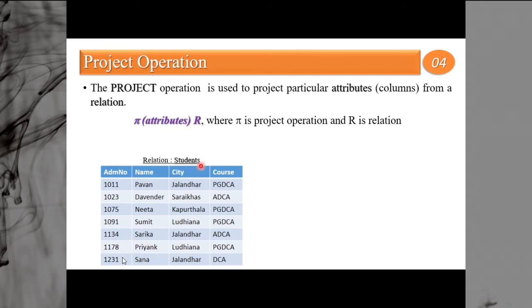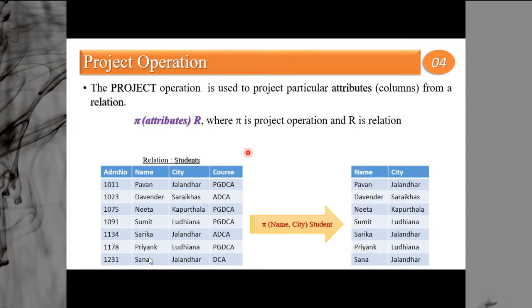Since we don't want to select all the things, only two columns we are selecting, that is called projection. So this is your vertical selection. Pi name comma city from students, and this is the result you are getting.